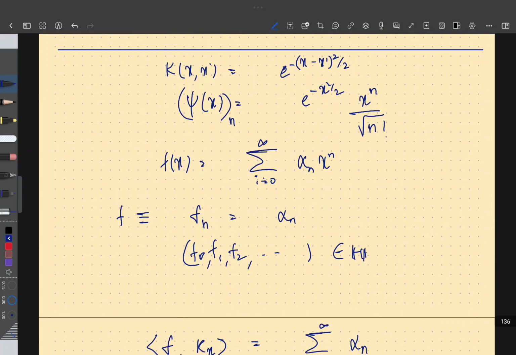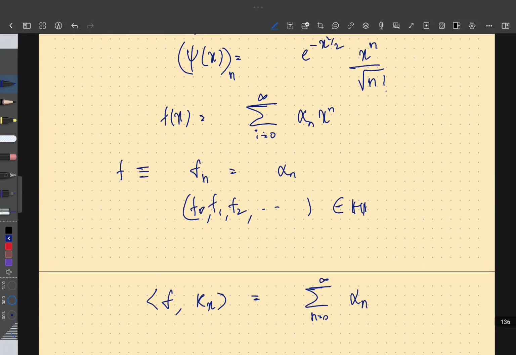Okay. If it's not dependent on x, F should not depend on x.